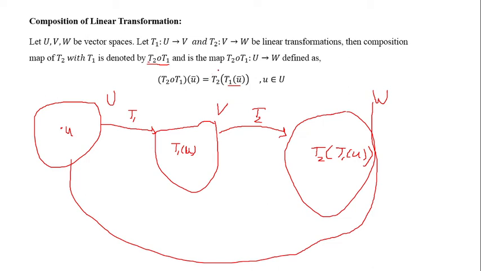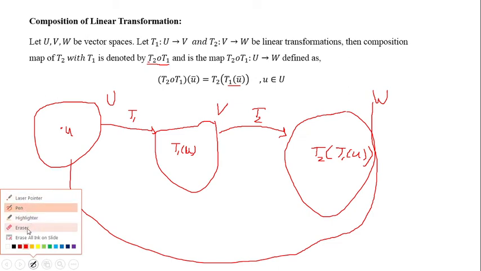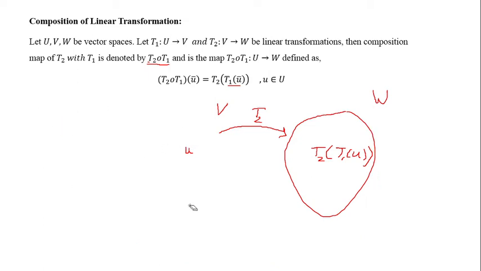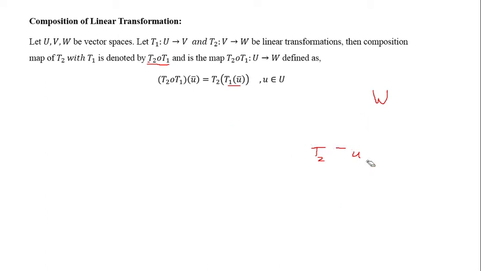So you will have this element in vector space W. So let me erase this. So remember this is a composition map, and further we are going to show that this composition is also a linear transformation under the condition that T1 and T2 are linear transformations.